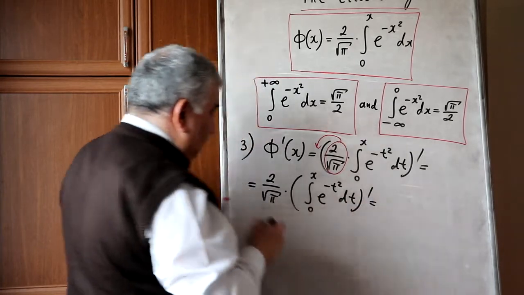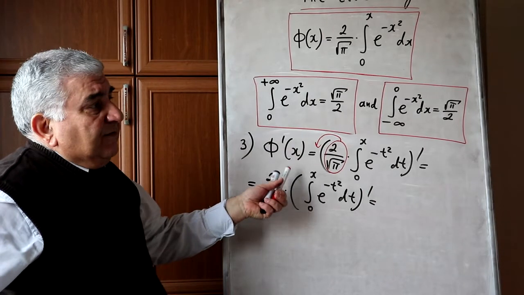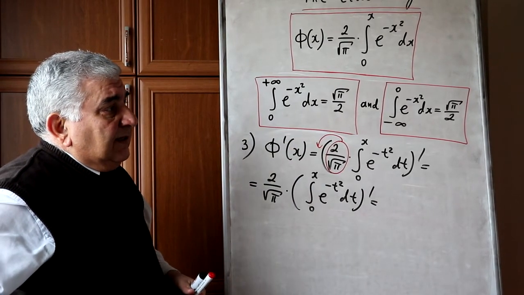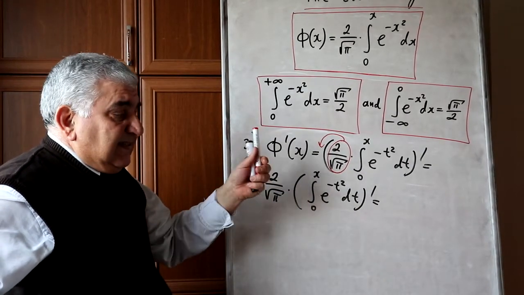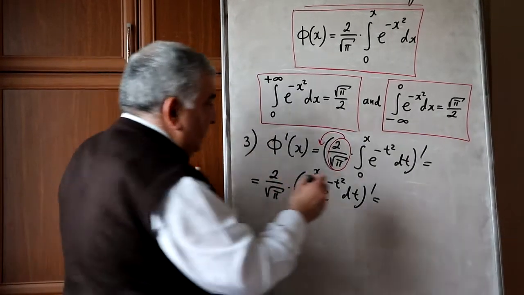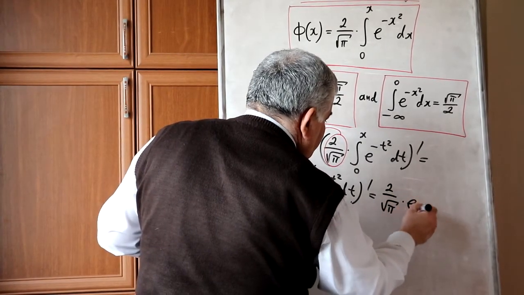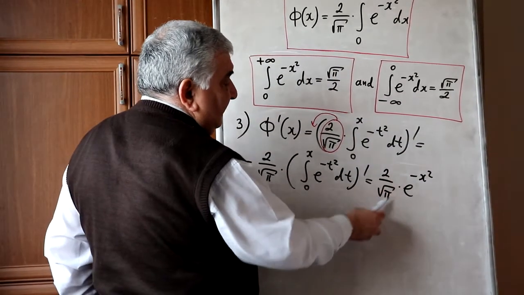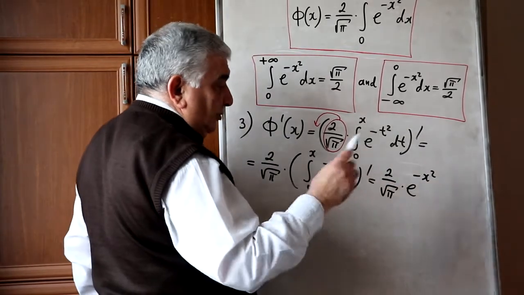And here we have the definite integral with the variable upper limit, and derivative of such an integral is equal to the integrand at this variable upper limit, that is 2 over square root of pi multiplied by e to minus x squared. This coefficient is positive, and this value is also positive.